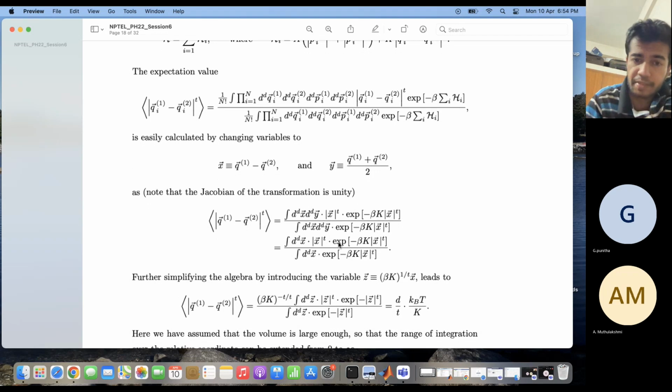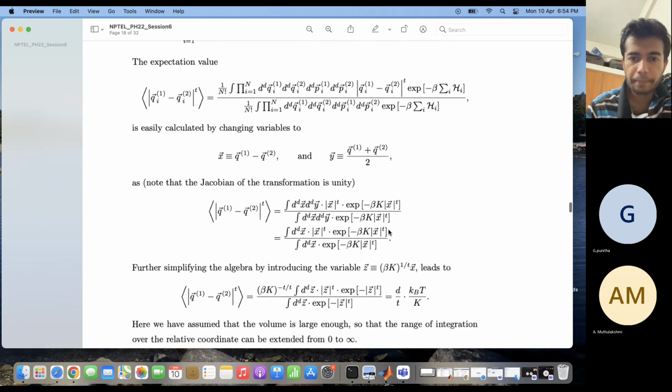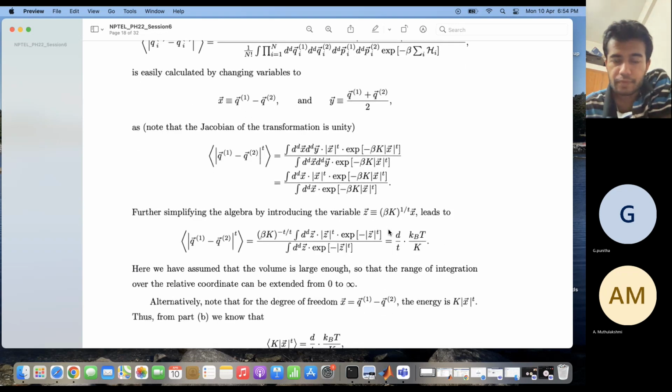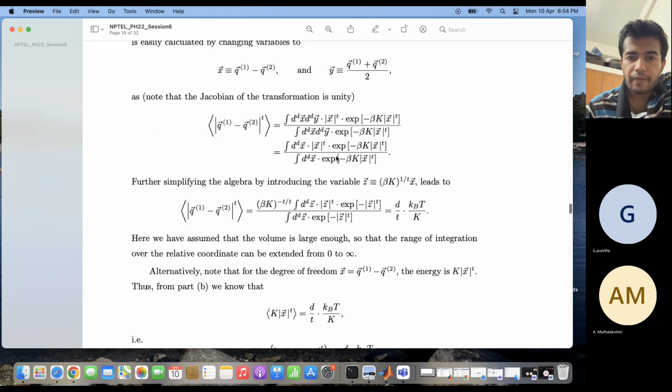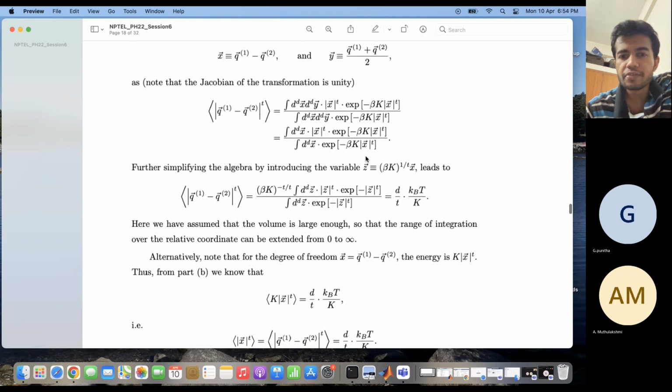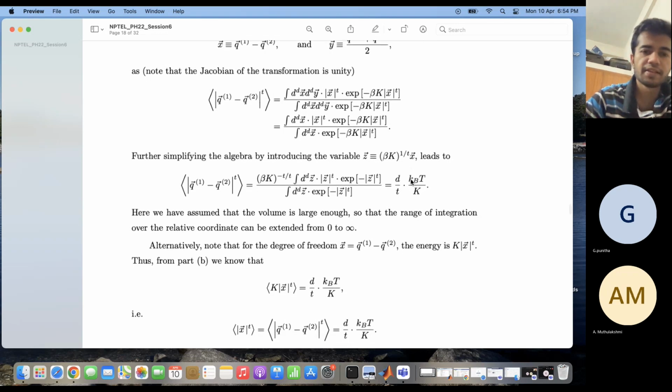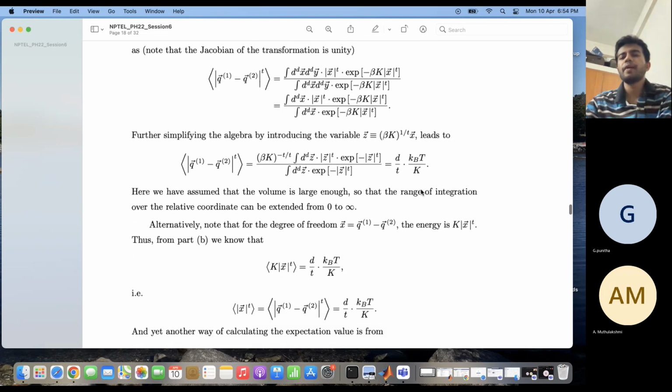And the denominator similarly becomes equal to d^dx d^dy integral e to the power of minus beta k x to the power t. Okay. So again, the y integral drops out because this quantity only depends upon x, right? So if I simplify this expression further and I do the d-dimensional integral over x by introducing this variable z equal to (beta k) to the power 1 by t into x, then what I obtain is that the expectation is equal to d by t into kBT by k.